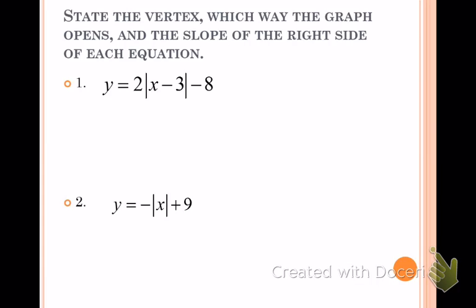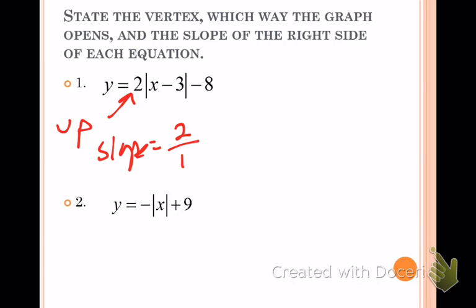Before we start graphing, let's just try to pull out the information. So for this first guy, y equals 2 times the absolute value of x minus 3, minus 8. Well, from this guy right here, a is positive. So since it's positive, this V is going to open up. And that tells us that the slope of the right-hand side is going to be 2 over 1.